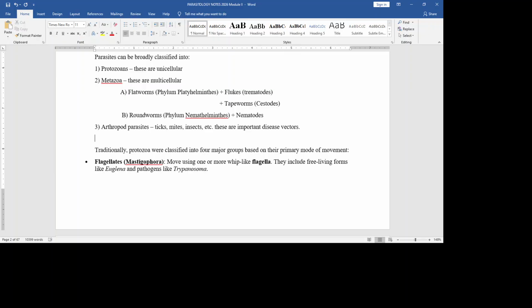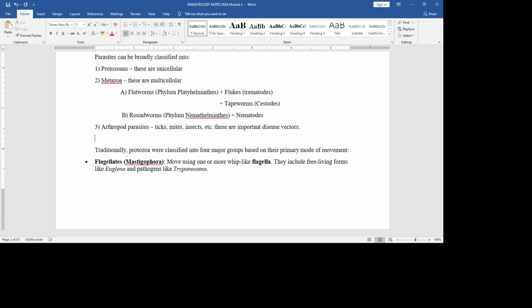The protozoa, since time immemorial, have been classified into 4 major groups based on their locomotor structures or primary mode of locomotion or movement. However, currently we have molecular classifications, but classification according to the locomotory structures still remains in force and is being used up to date.